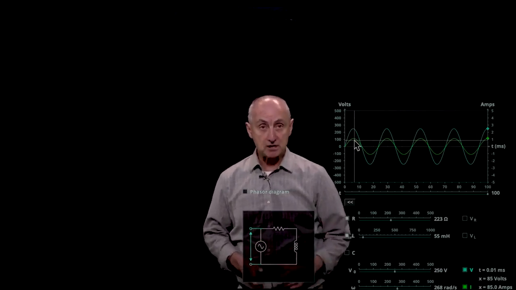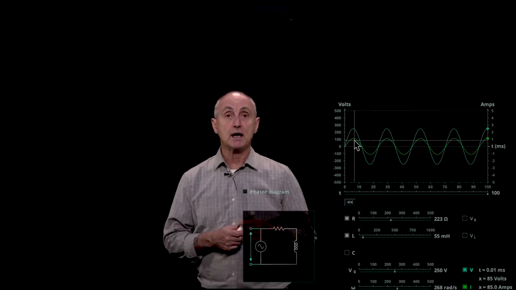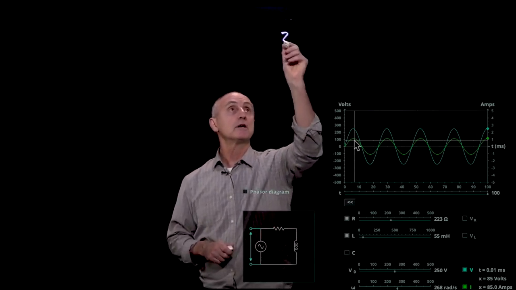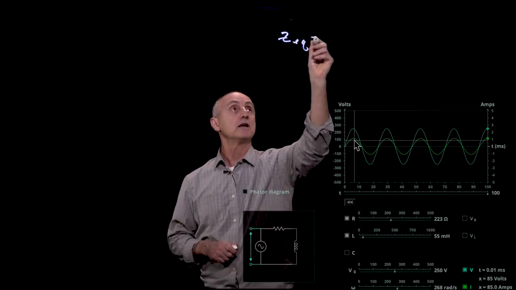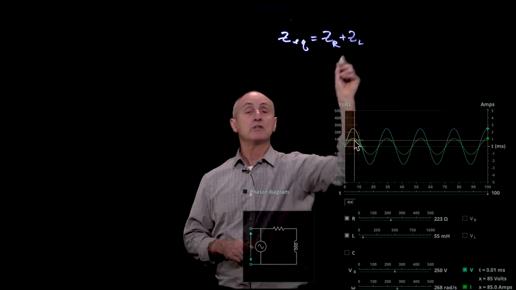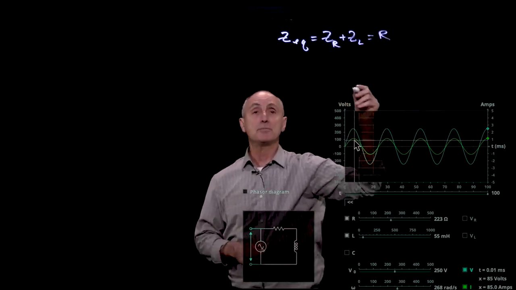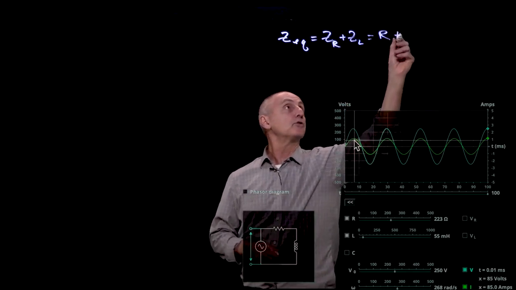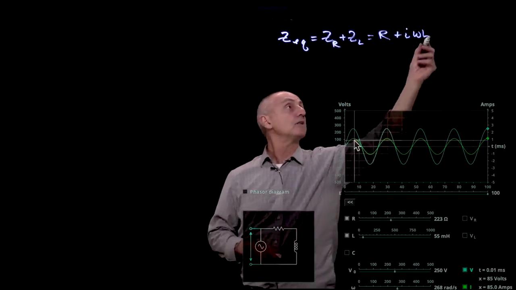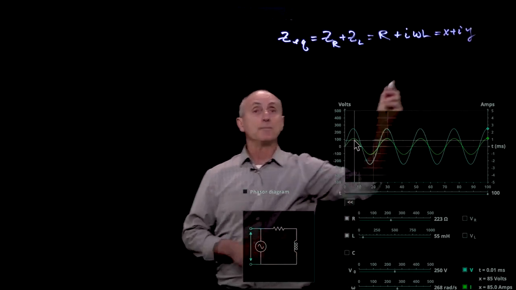Now, let's analyze this circuit by beginning with talking about the equivalent impedance. So we know that for this circuit, Z equivalent is equal to the Z of the resistor plus Z of the inductor. And that's a real number for the impedance of the resistor. But the inductor was a complex number, i omega L. And so again, we have a complex number.